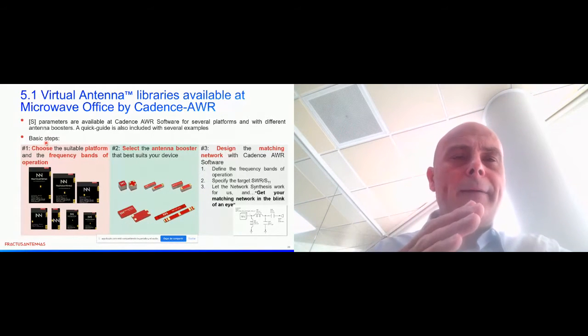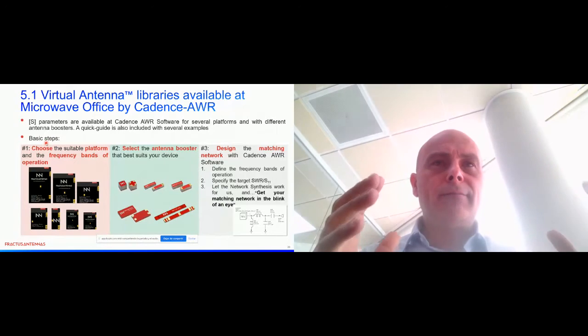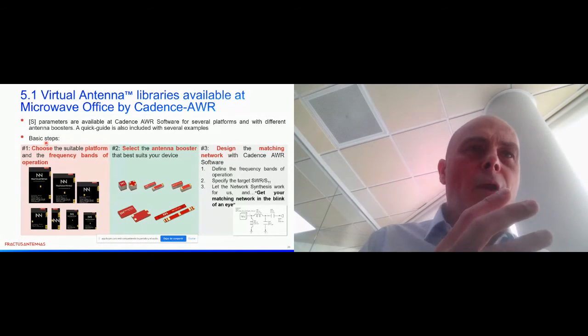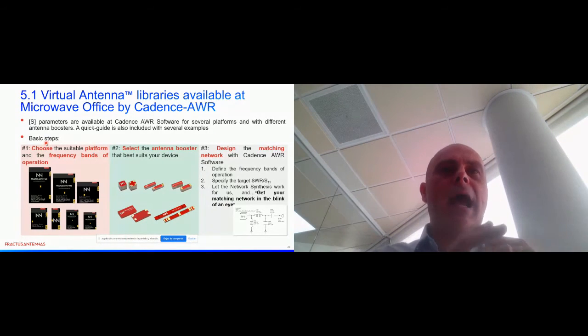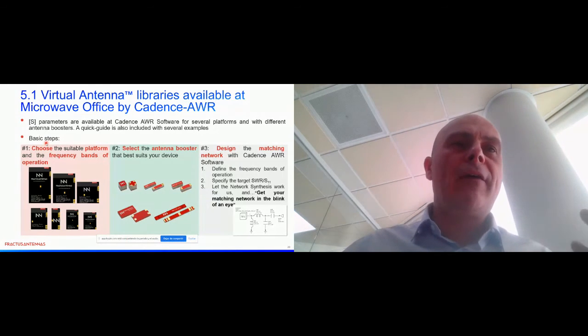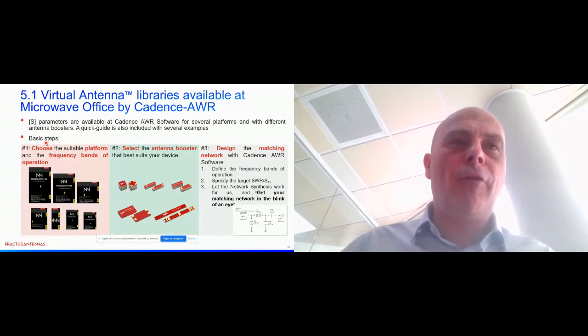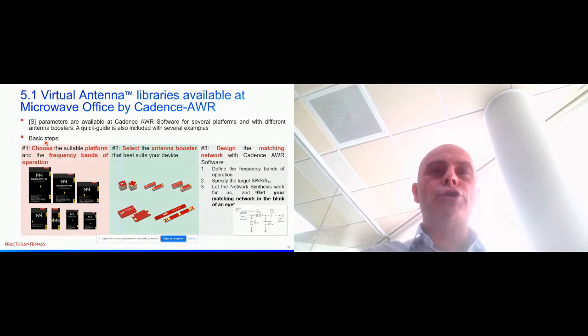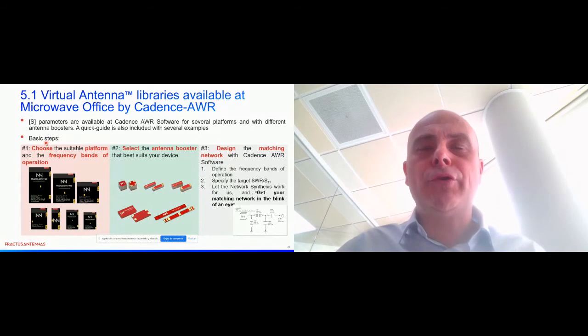And this library is a set of S parameters representing a wide bunch of platforms. So we have a variety of platforms representative of many IoT devices, which you can also combine with any of the antenna boosters.